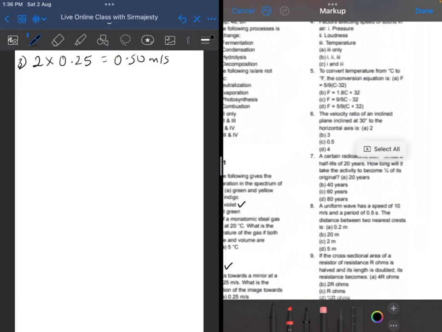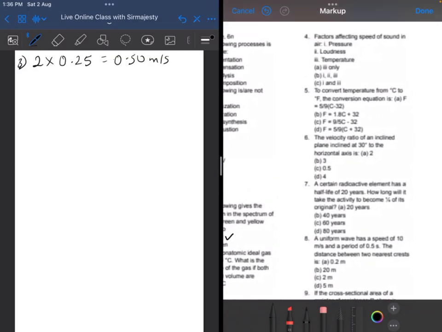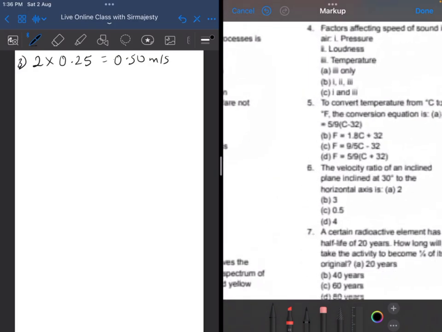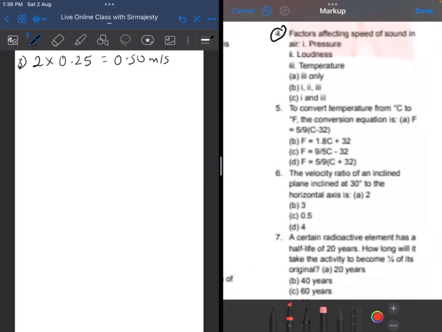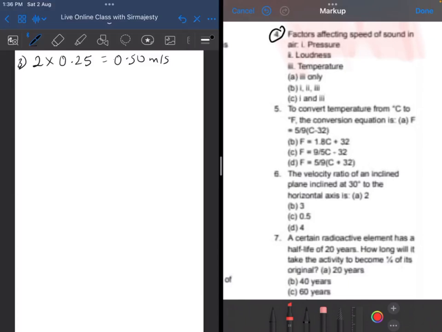Factors affecting speed of sound in air. Let's read together. A, pressure. B, loudness. C, temperature. Pressure doesn't affect the speed of sound. Loudness doesn't affect the speed of sound.